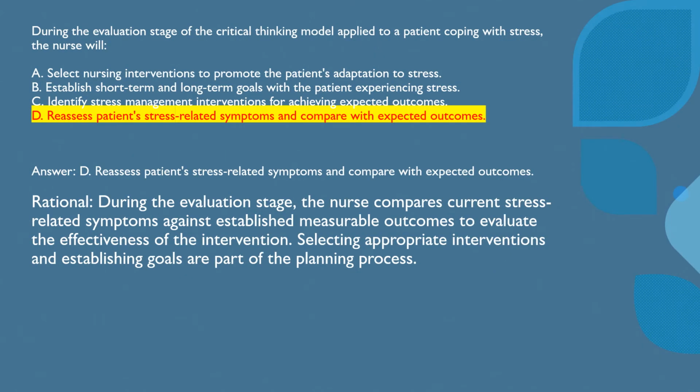Answer D. Rationale: during the evaluation stage, the nurse compares current stress-related symptoms against established measurable outcomes to evaluate the effectiveness of the intervention. Selecting appropriate interventions and establishing goals are part of the planning process.